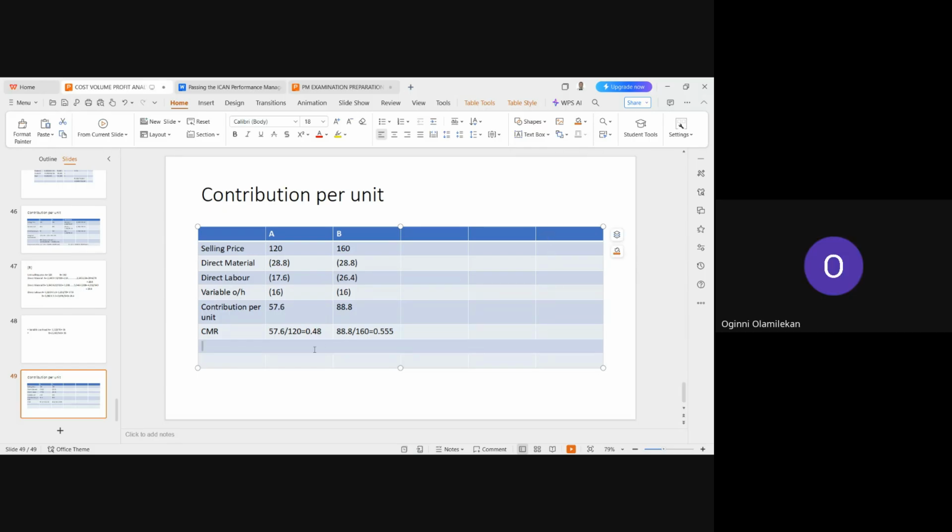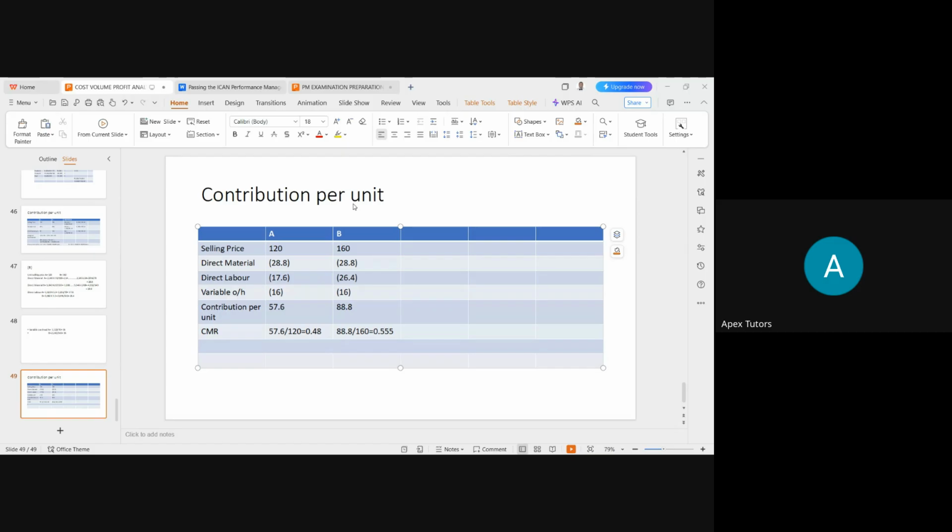The weighted contribution margin ratio will be 80% of the total revenue derived from product B. Yes, that is the interpretation of that.